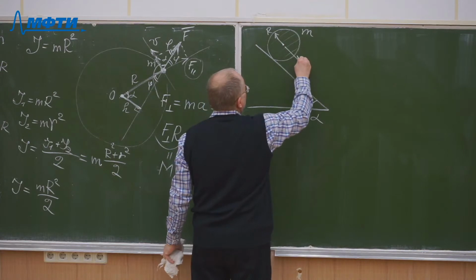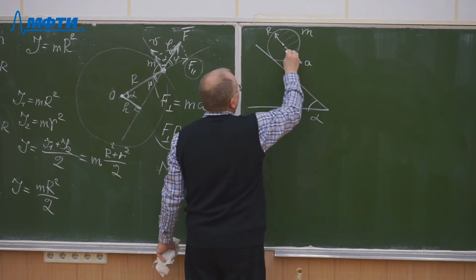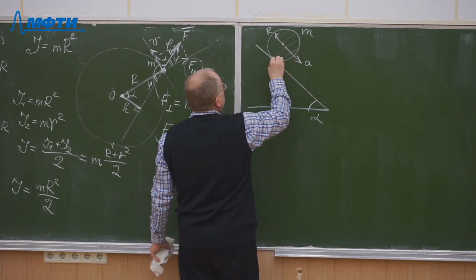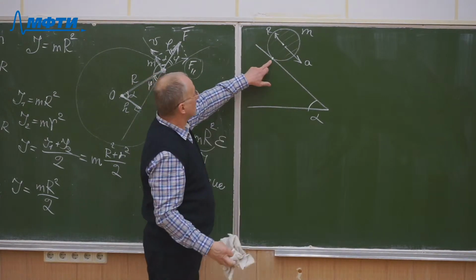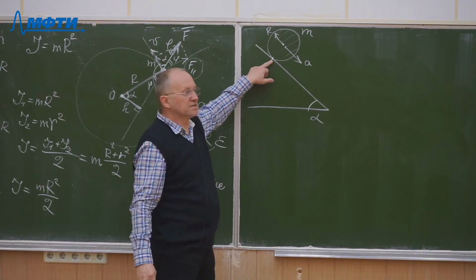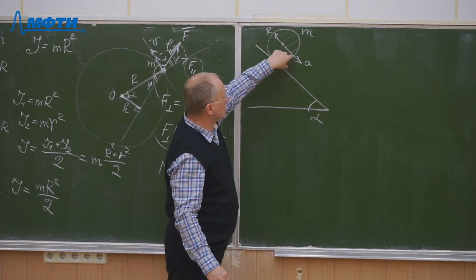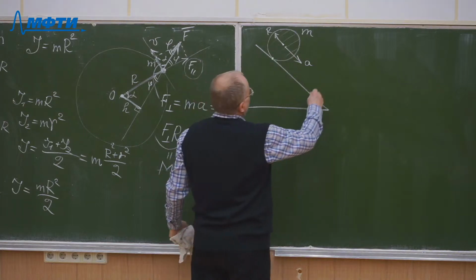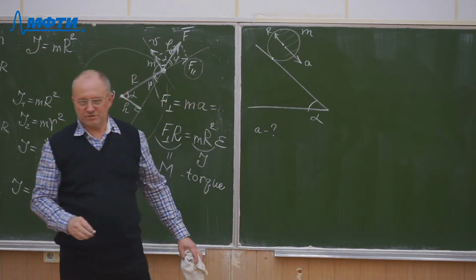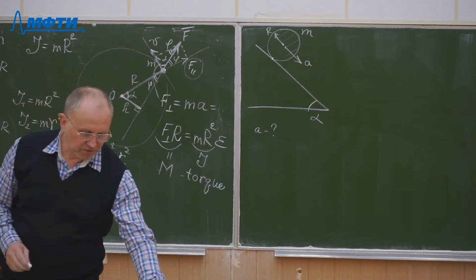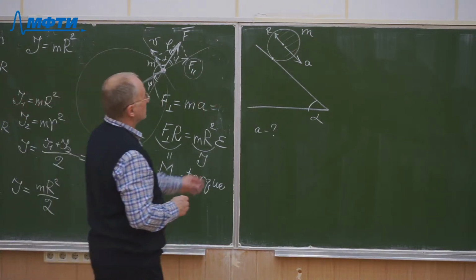So it rolls down with some acceleration a. If there is no slipping, if forces of friction are enough to exclude slipping, then this cylinder will roll down, and we have to find acceleration a with which the cylinder will go down the slope.